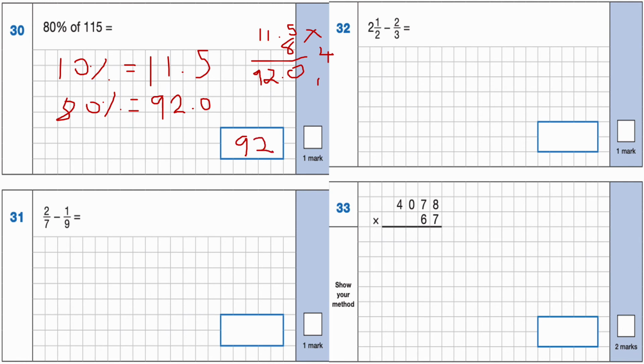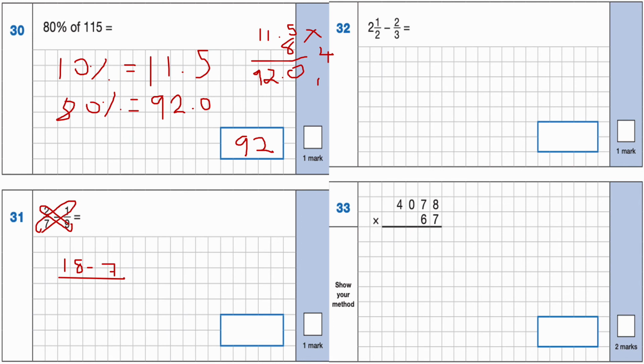Okay, for that one. Question number 31, guys, is taking away fractions. So finding a common denominator. So I'm going to do this in one go, and I apologize if I'm going to be confusing you. So I do 9 times 2 first. 9 times 2 is 18. Put the minus sign or the takeaway sign. 7 times 1 is 7.